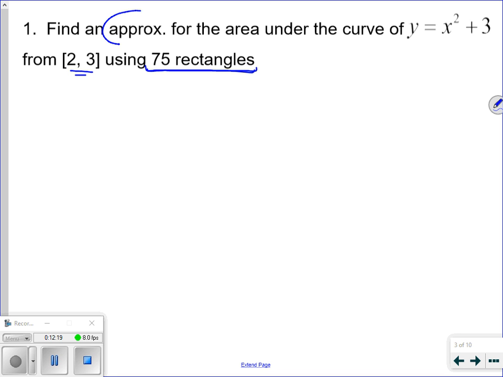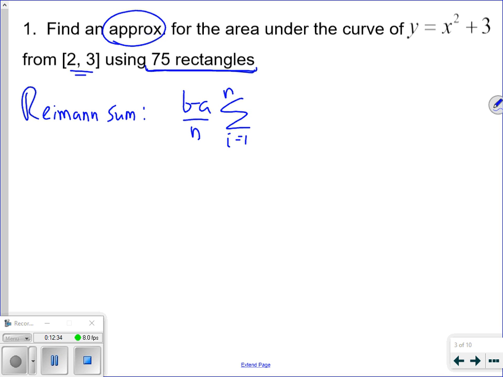This is just approximating, so we're just going to do a Riemann sum. The formula, without the limit, is b minus a over n, summation i equals 1 to n of f of a plus b minus a over n i. This is base times height. It's just adding up all those heights. For 75 rectangles, this will do it for us.